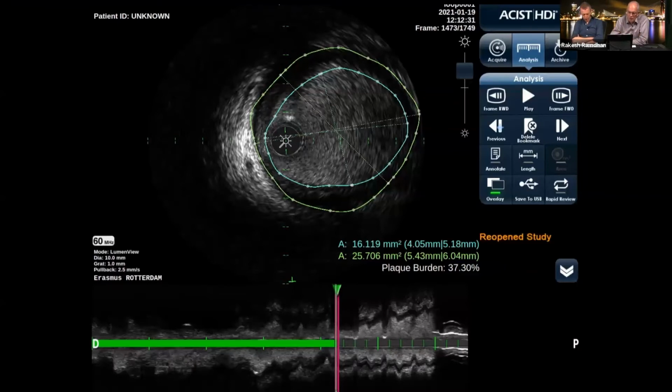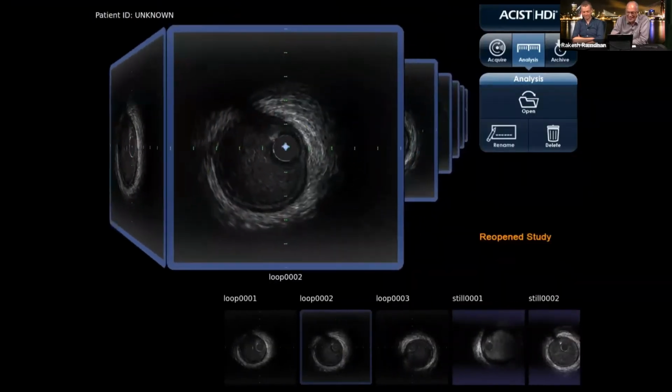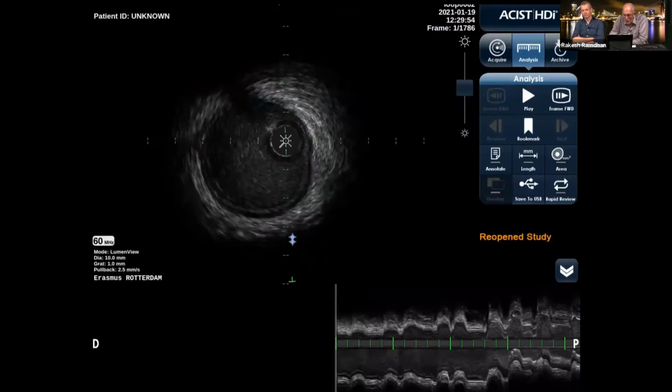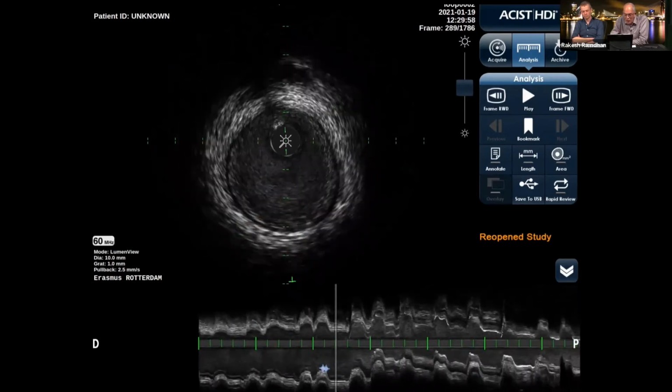So also here, or at least the operator here, used a 4038 stent, and then per protocol repeated the IVUS. Then there we go. So here we have the normal vessel again in the distal right, and then we're going to see the stent.